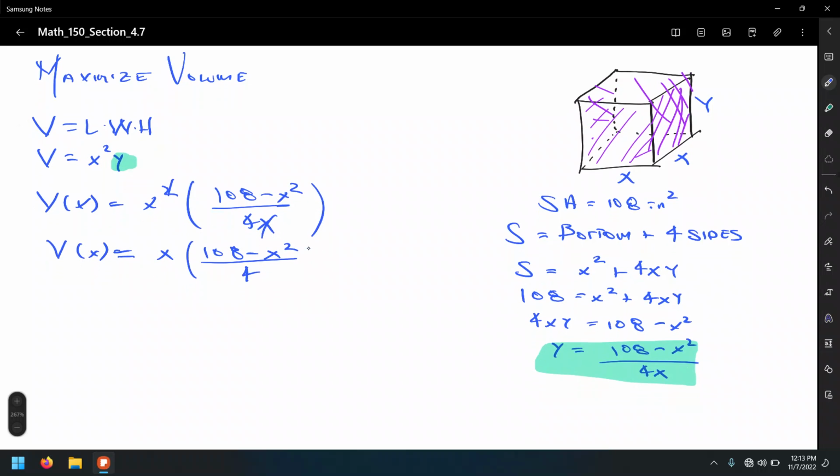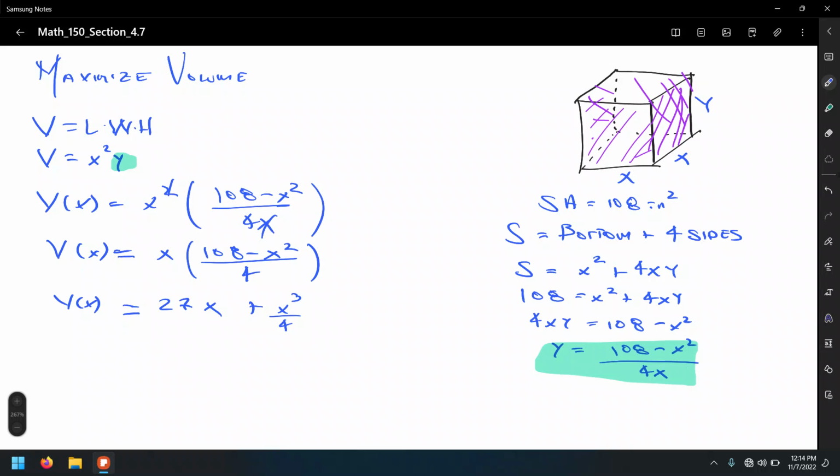Distributing, that gives us V of x equals 27x minus x cubed over 4. So that's the function to do the calculus on.